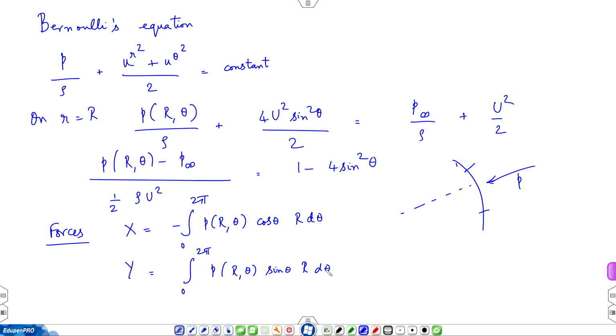Now, a very unusual result comes out of this potential flow analysis, which looks very interesting, but ultimately if you evaluate these integrals, they turn out to be 0.